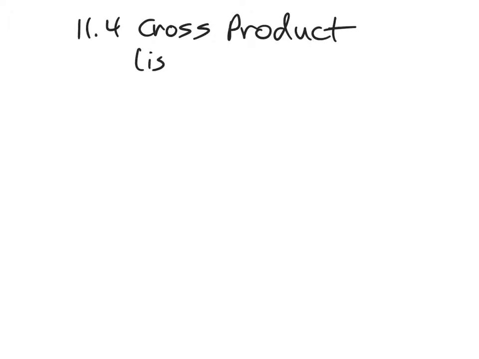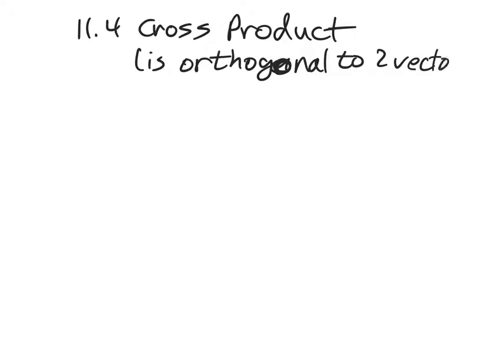The cross product is orthogonal, perpendicular, orthogonal to the two vectors that you've taken the cross product of. Okay. Which will help later in section 5 when we're trying to find the equation of a plane. You probably use that quite a bit, if you remember.